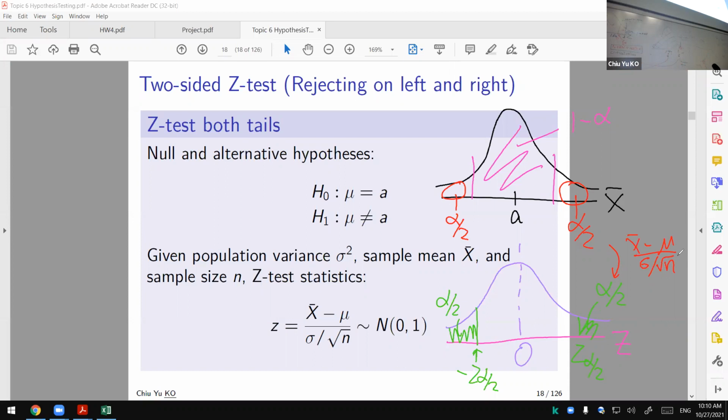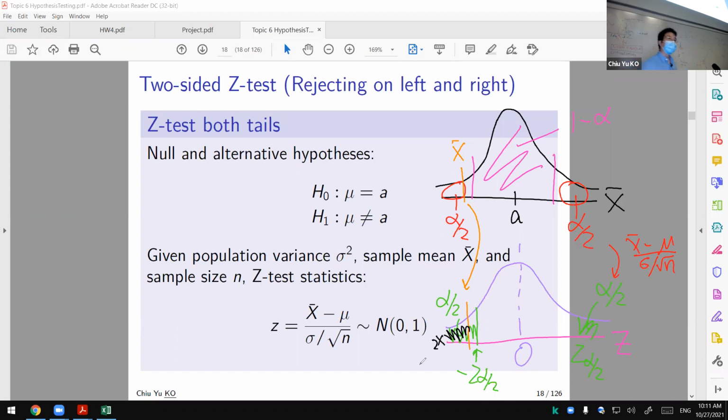The only complication you have to be very careful about is the p-value. To make our life easier, suppose this is your x bar, and you convert it to somewhere here. Your p-value will be this red area times 2.